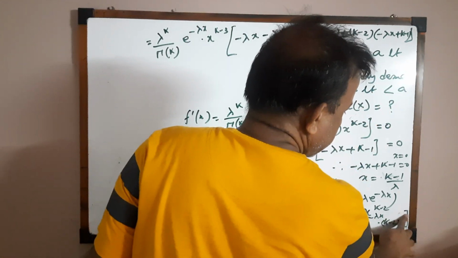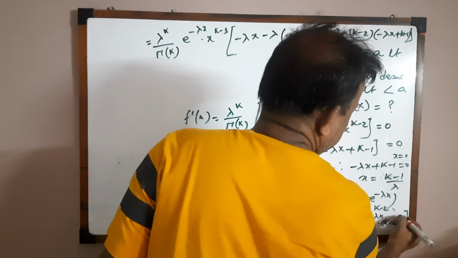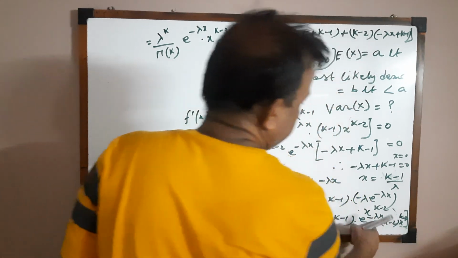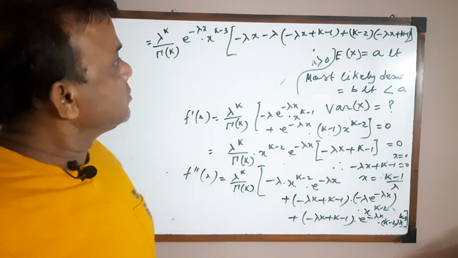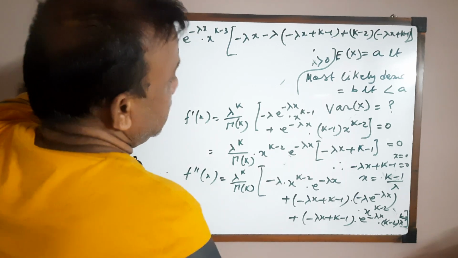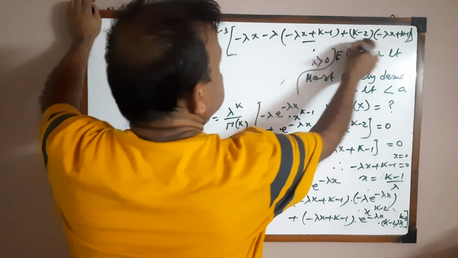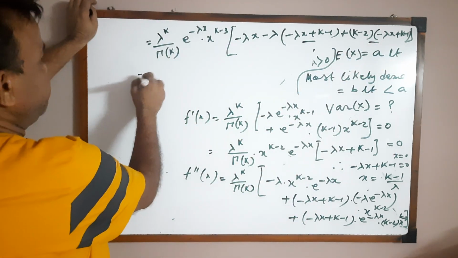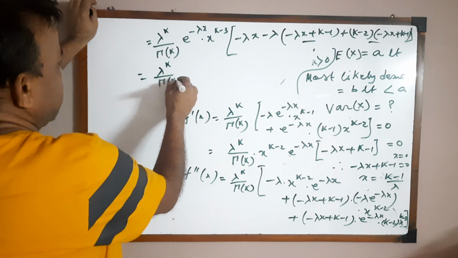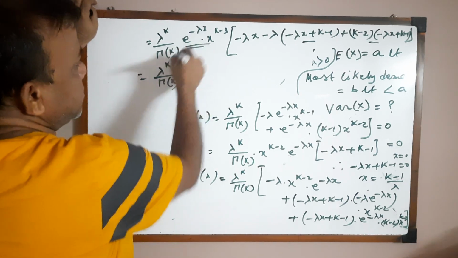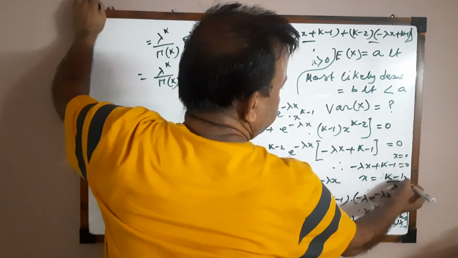As minus lambda x plus k minus 1 is 0, therefore these two terms are 0. Lambda to the power k by gamma k, all are positive, so it will be greater than 0.